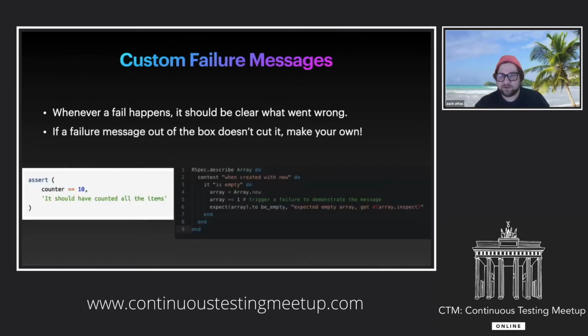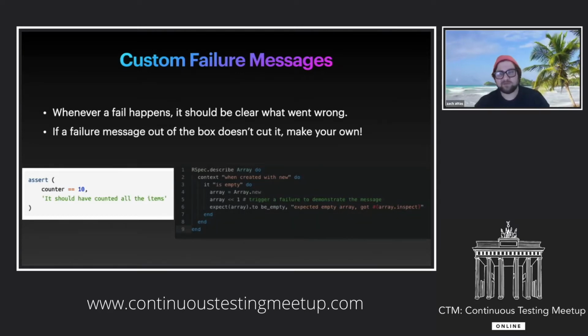And one other thing that I don't have in the slide here is that you can always do the begin rescue. If your library doesn't allow you to provide custom failure messages, you can rescue the thing that is possible to fail and then have it fail in your own way that you own. I do that many times throughout my test suite.